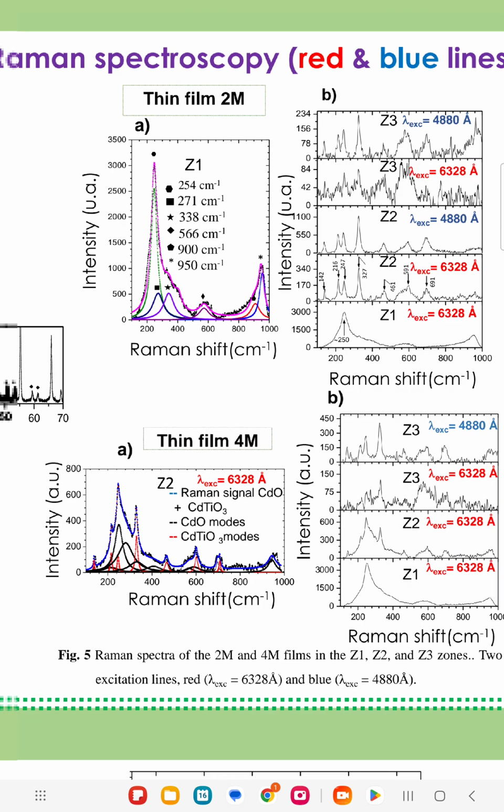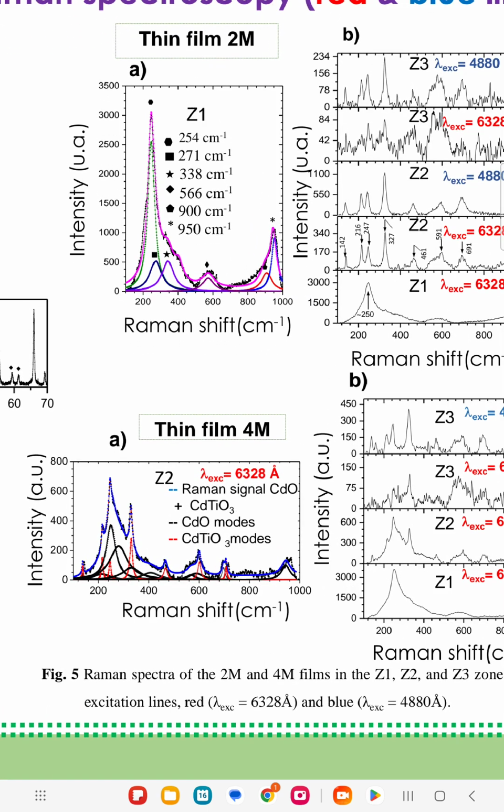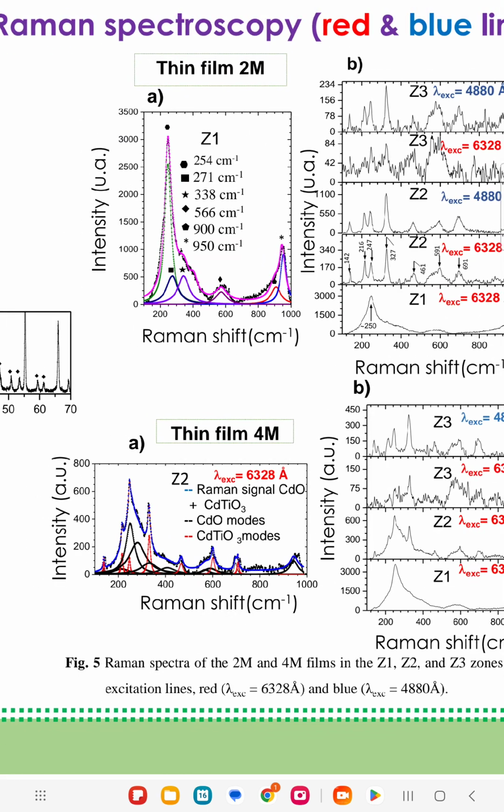In figure A, we can see the convolution of the Raman spectra of these zones. We can see the corresponding vibrational modes of cadmium titanate, of course, but we can also observe the modes corresponding to cadmium oxide.